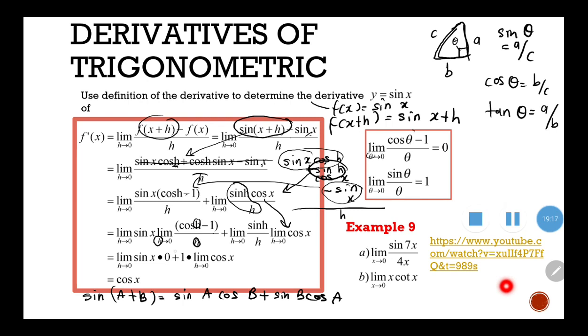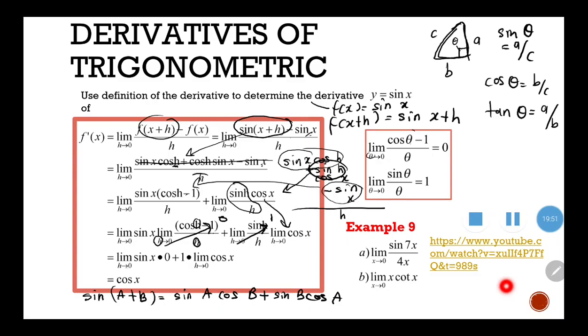So can we declare this as 0? Yes, we can. But if there is x, let's say as x approaches 0, and this is (cos h minus 1) over h, can we use that? No, because this is only for the same variable. And then for the limit as h approaches 0 of sin h over h, we can use this formula. So this should be 1.